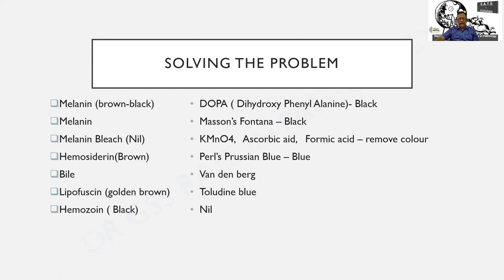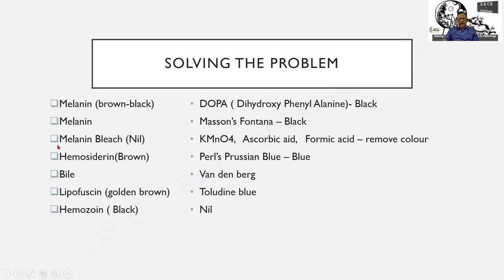It is a melanoma, but the lesion will not be showing a brownish black color. So we do a special stain called DOPA. This has been lacking in that patient. So we do a DOPA reaction, as a result of which we get a black color. Or there is another special stain that can be used called the Masson-Fontana, which again produces a black color. So these two are stains in a case of amelanotic melanoma.